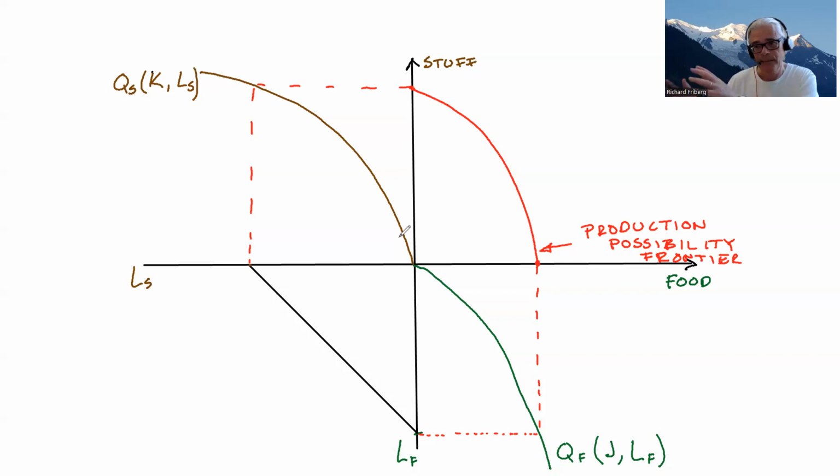So we're replacing people that have a low marginal product. It's the same people, but people with low marginal product in one industry and putting them in another industry where they have a higher marginal product. Okay, so in terms of output, shifting those people is going to have a relatively small effect on food production, but it's going to have a pretty large effect on production of stuff.